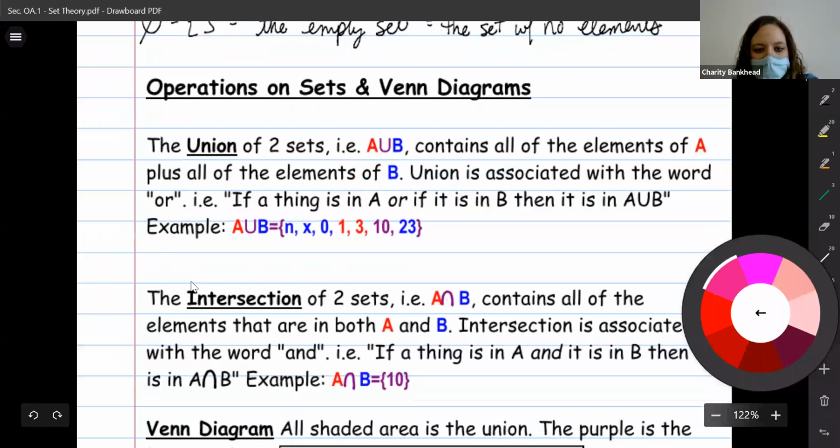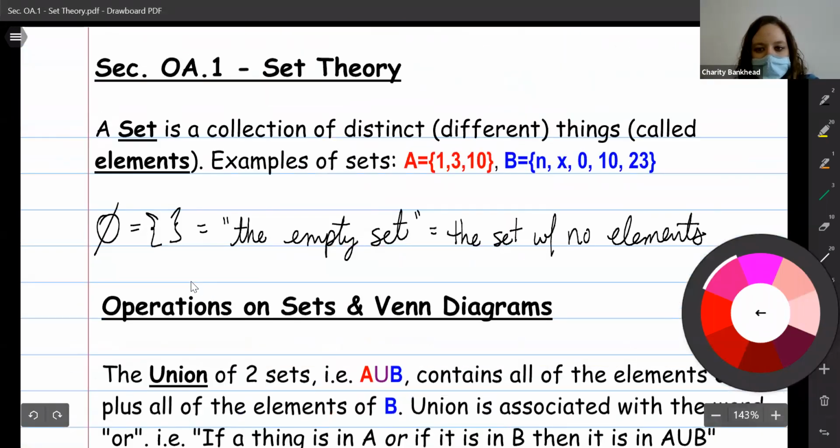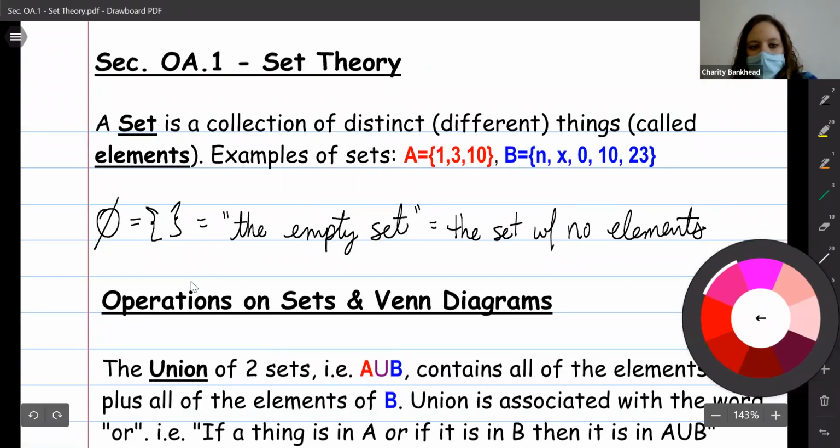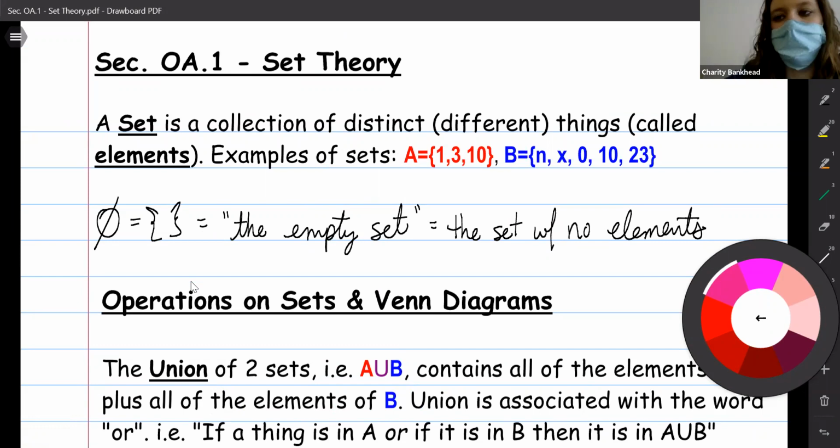Section OA.1 is about set theory. A set is a collection of distinct or different things. Those things are called elements. Here are a couple of examples of small sets.